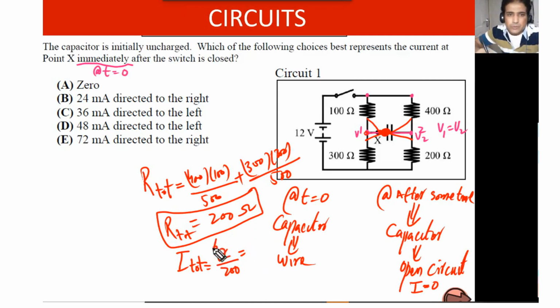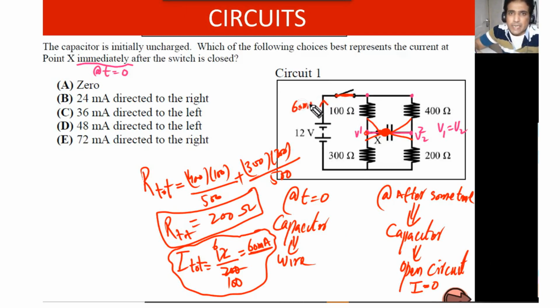So this will be 6 and this will be 100. We will get, I think, 60 milliamps. You can just plug it into a calculator and you can see. So the total current coming when you close this switch is 60 milliamps. I will just write here for you that 60 milliamps is coming.